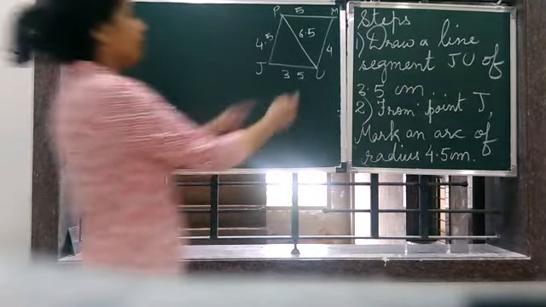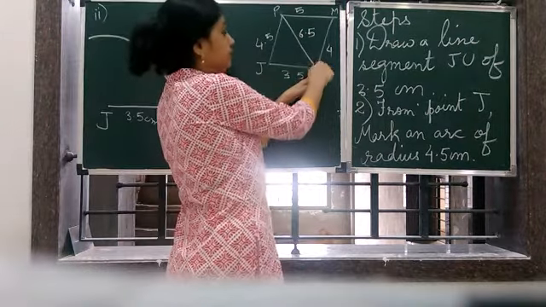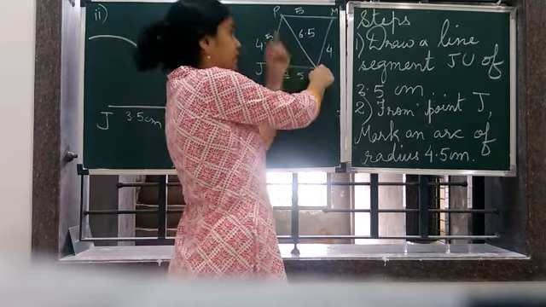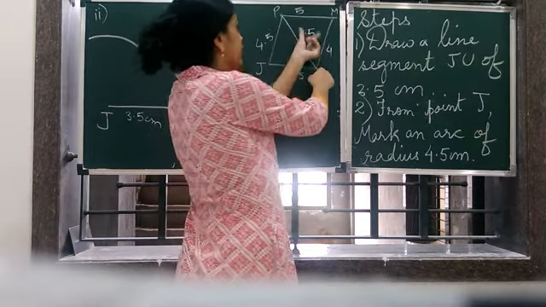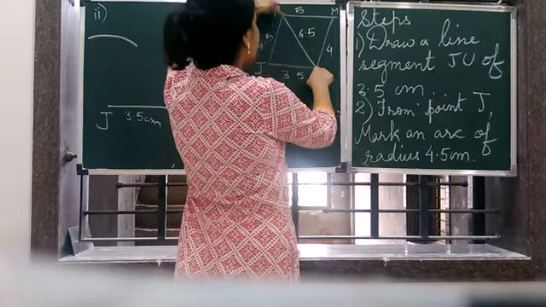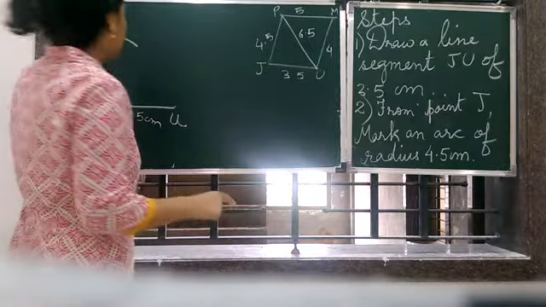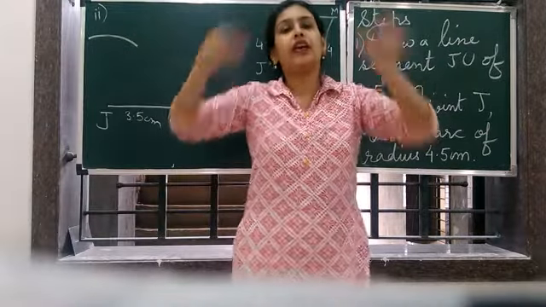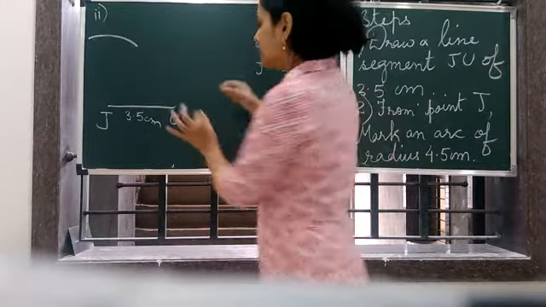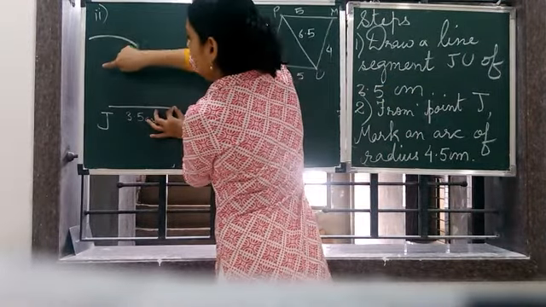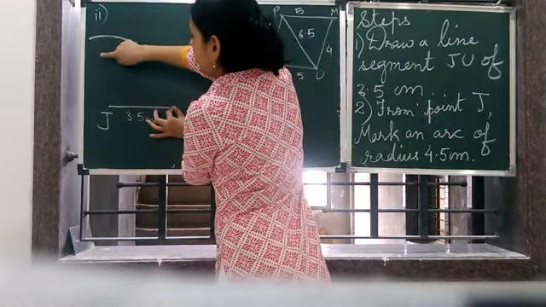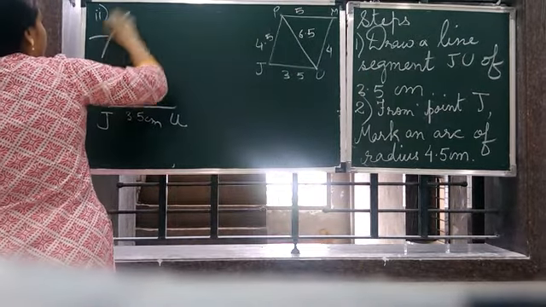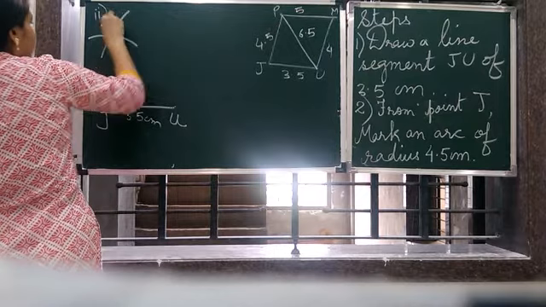Now, from U, take another radius of 6.5 centimeter and mark a second arc on the previous arc. What will we do? In the compass, we will take a radius of 6.5 and we are going to mark another arc, something like this. Okay? And mark it point P.